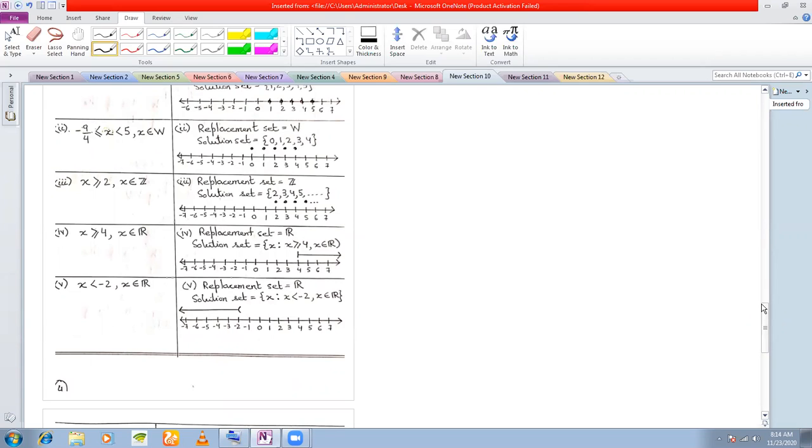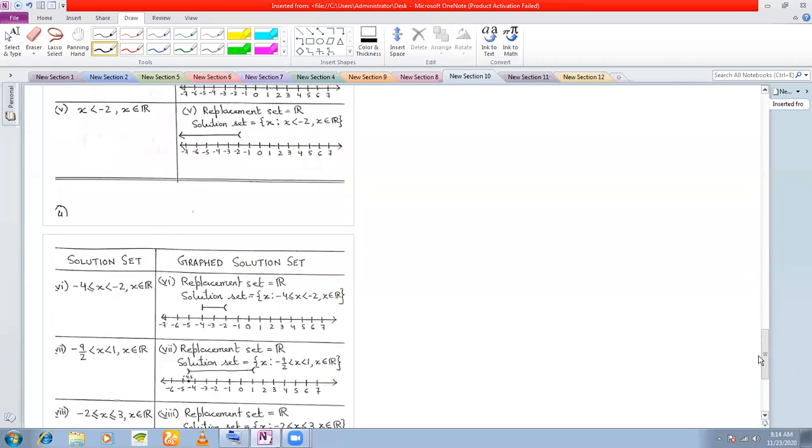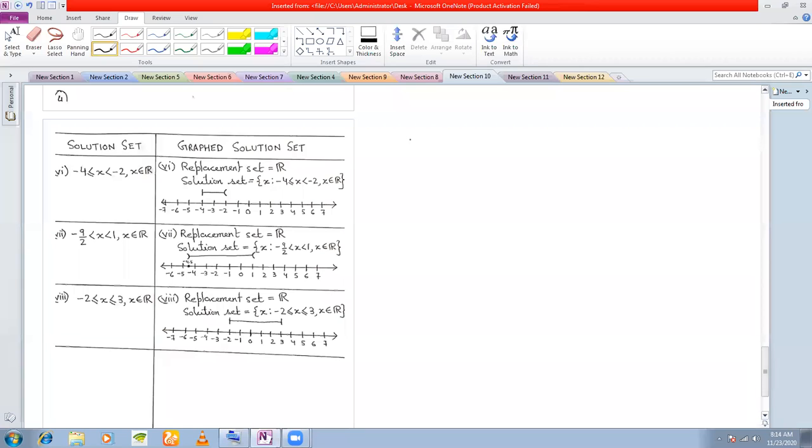Now suppose you have got a solution set like this. Consider this one: minus 4 less than or equal to x less than minus 2, where x belongs to the set of real numbers. Then how do you graph this on the number line?